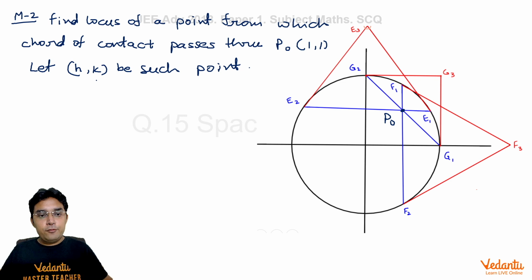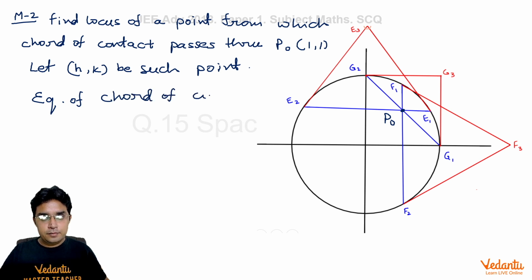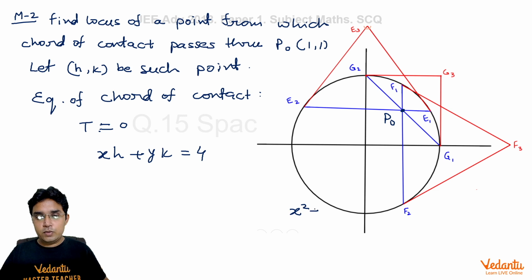And from this, the equation of the chord of contact will be T equal to 0, which is x into h plus y into k equal to 4, because this circle is x square plus y square is equal to 4.